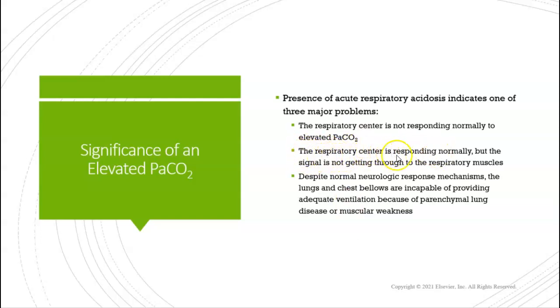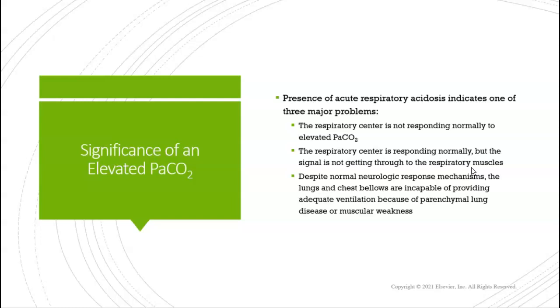Scenario 2 is where that center is responding normally. It's sending those impulses to breathe faster, but that signal's not going through to the respiratory muscles. So that's your neuromuscular diseases again, your Guillain-Barré, your myasthenia gravis, your ALS, those diseases where the signal left the brain, the control center, but never made it to those muscles to tell them to take a breath in.